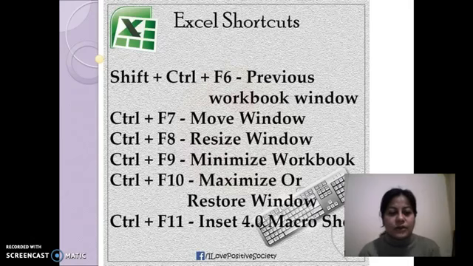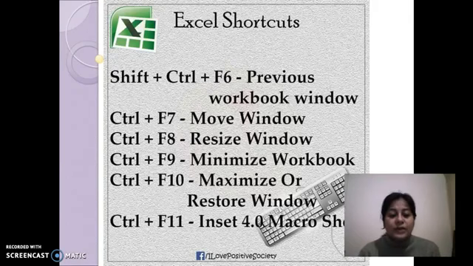So Excel shortcuts again: Shift plus Control plus F6 if you want the previous workbook window, Control plus F7 if you want to move the window, Control plus F8 to resize the window, Control plus F9 to minimize the workbook, and Control plus F10 to maximize or restore the workbook.